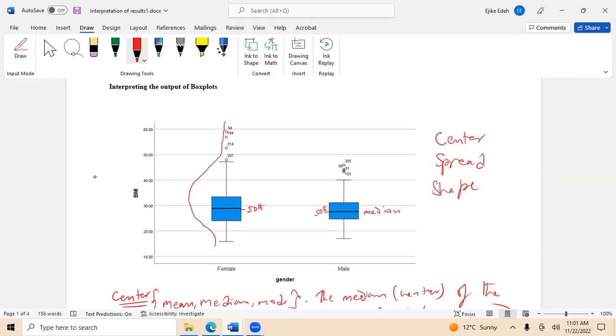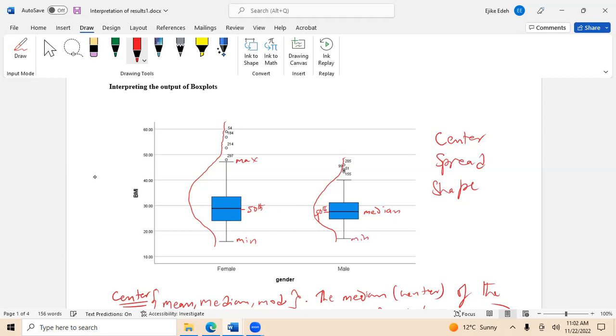It's easy to even tell from these diagrams that the spread for females is wider, right? And of course, you see the outliers. Another way to think about the spread is the gap between the minimum and the maximum.